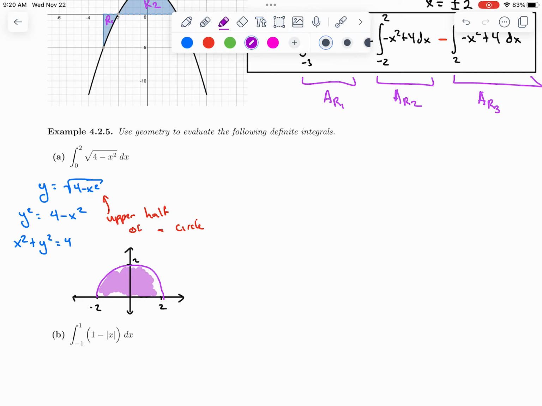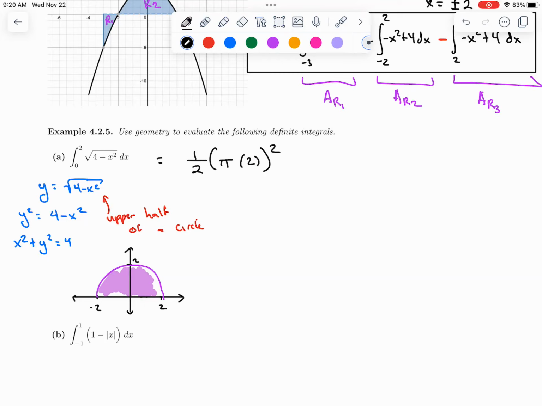Pi r squared, right? Pi r not round, pi r squared. Cornbread are square. It's a dumb joke. So this will be 1/2 of a pi r squared, 1/2 of a pi times the radius, which is 2 squared. Actually, it's more than that.